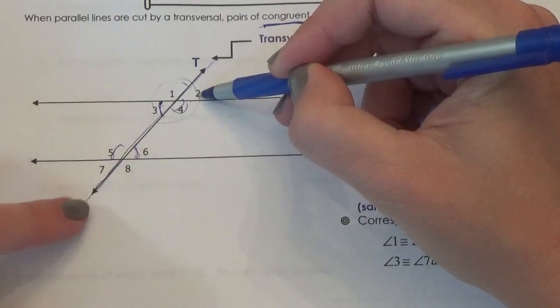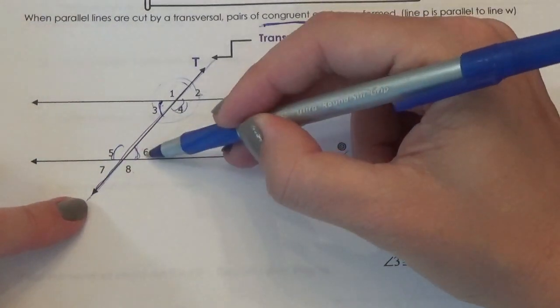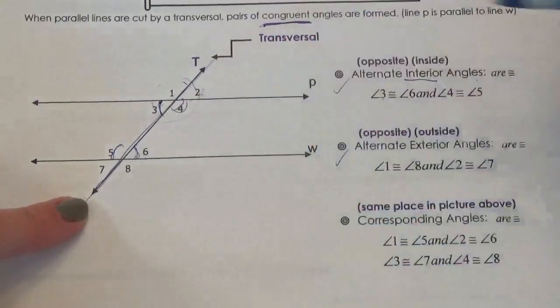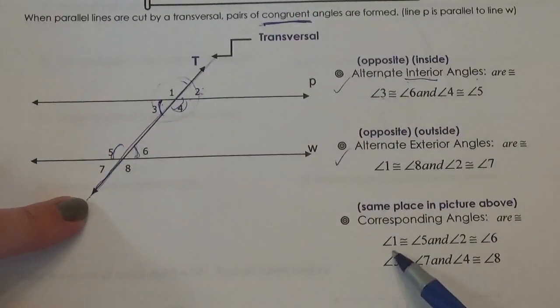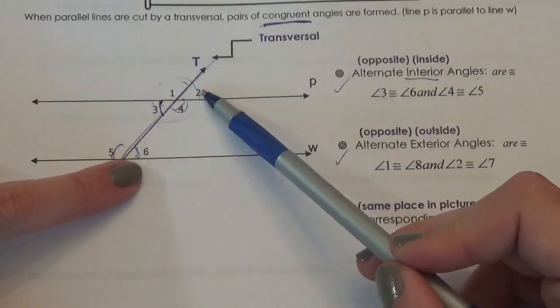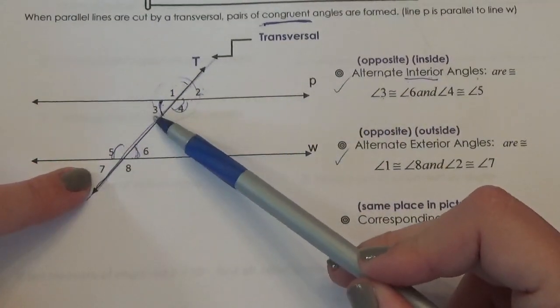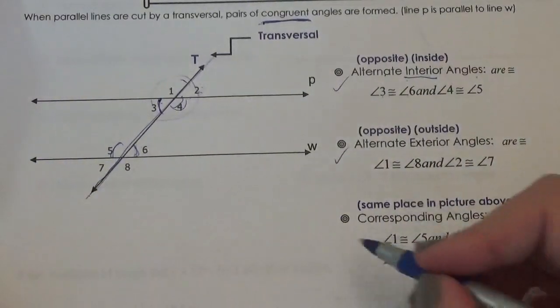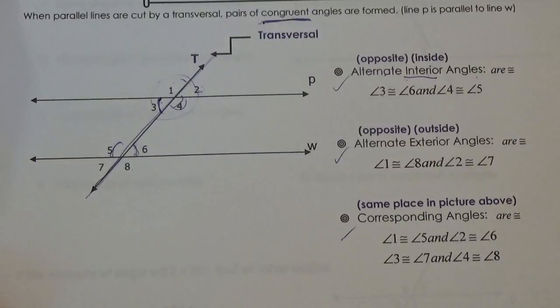The angle that corresponds to 2 is 6 down here, because 6 is also in the upper right hand. All right, so you can see them here, 1 and 5, upper left hand, 2 and 6, 3 and 7, 4 and 8. Okay, so those are the 3 new vocab that you need to understand.